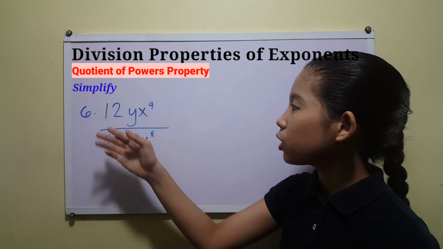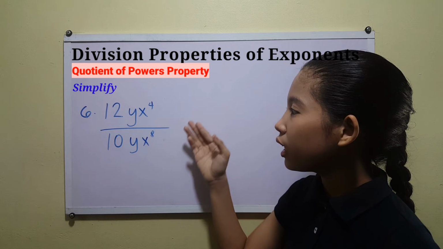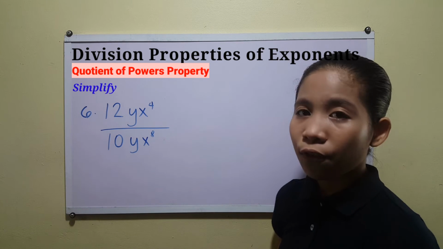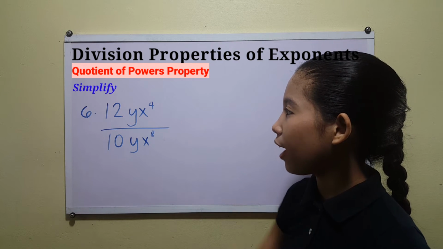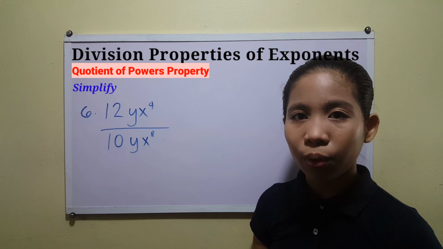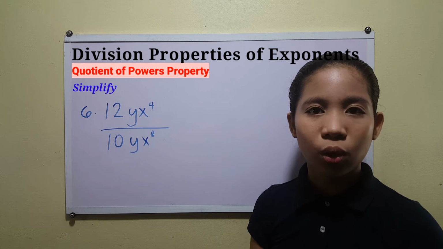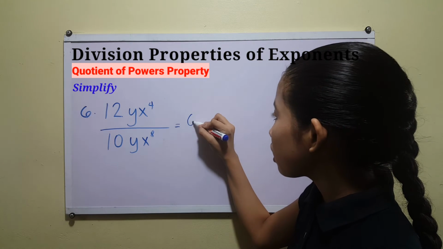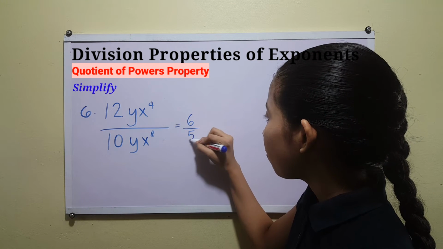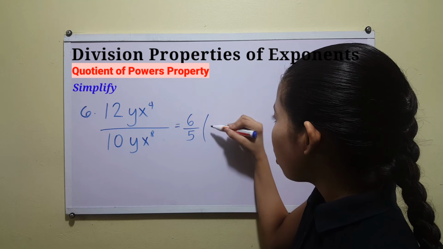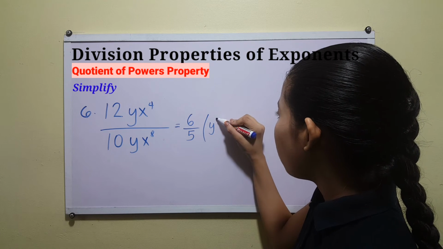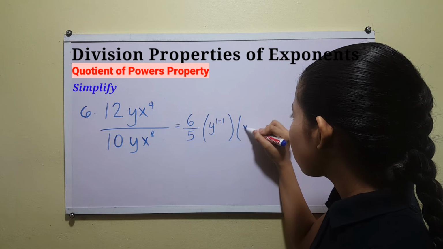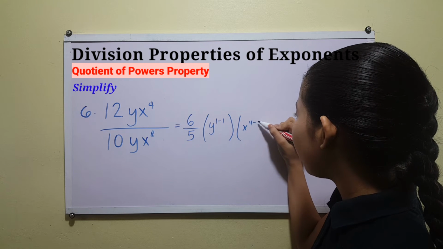Next, we have 12yx to the power of 4 divided by 10yx to the power of 8. First, we are going to simplify 12 over 10 to its lowest term. And 12 over 10's lowest term is 6 over 5. So we have 6 over 5 times y to the power of 1 minus 1 times x to the power of 4 minus 8.